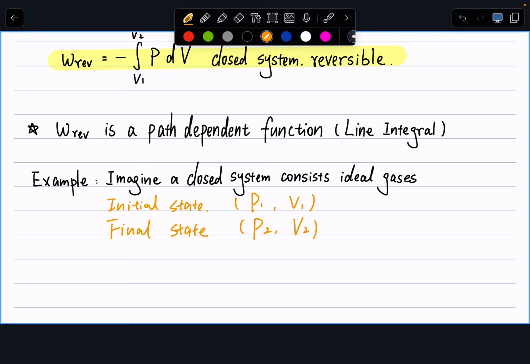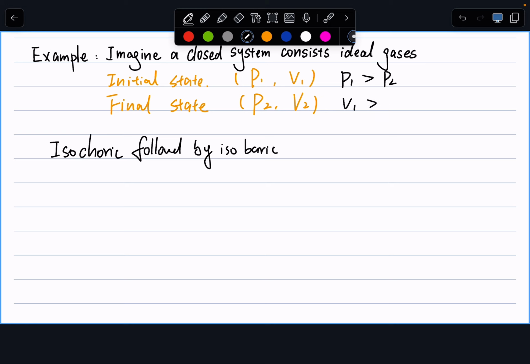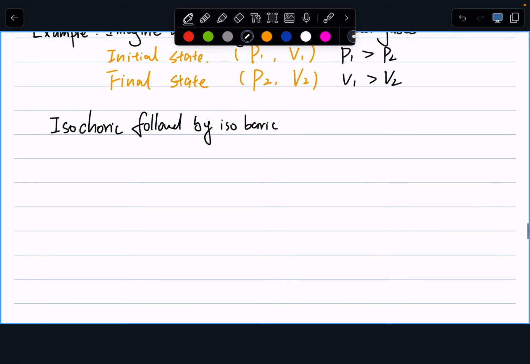Now let's consider two different processes. The first one is an isochoric process followed by an isobaric process. Let's say P1 is larger than P2 and V1 is larger than V2. Just randomly set it; you can set it differently.